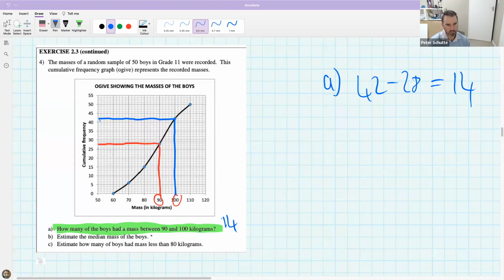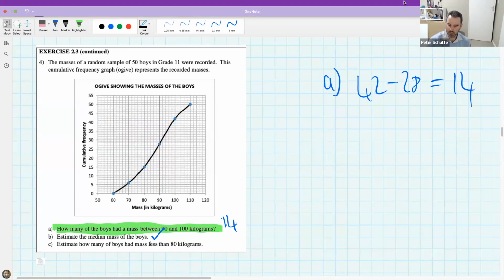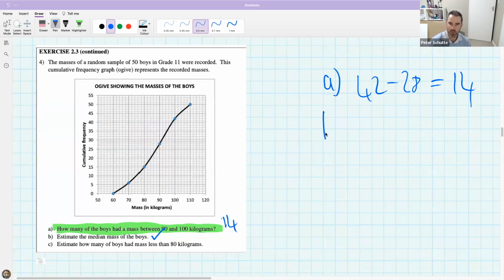Can you estimate the median mass of the boys using the ogive that you're given? There's 50 boys in total. What's the estimate of the median?